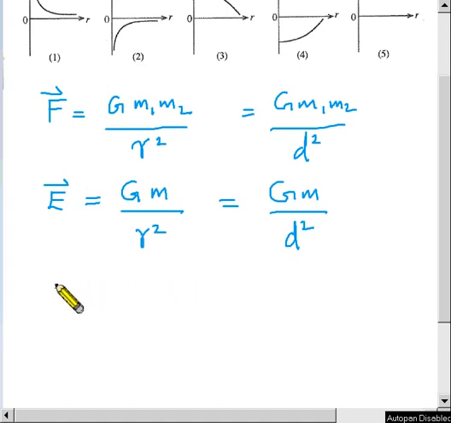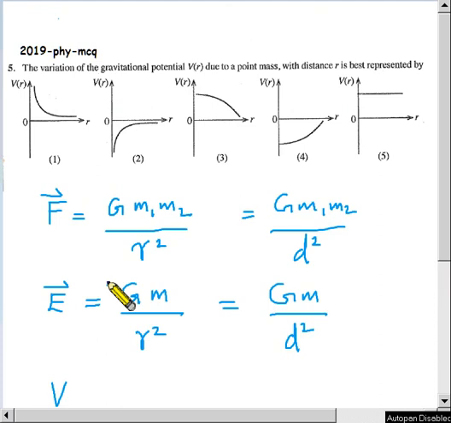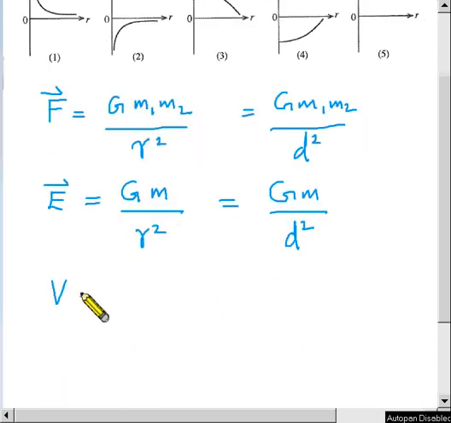Next one, V, the gravitational potential. The equation is like this: there is a minus sign, G m, that is also defined for 1 kilogram, divided by r. There is no power 2, it is not squared, only r to the power 1.